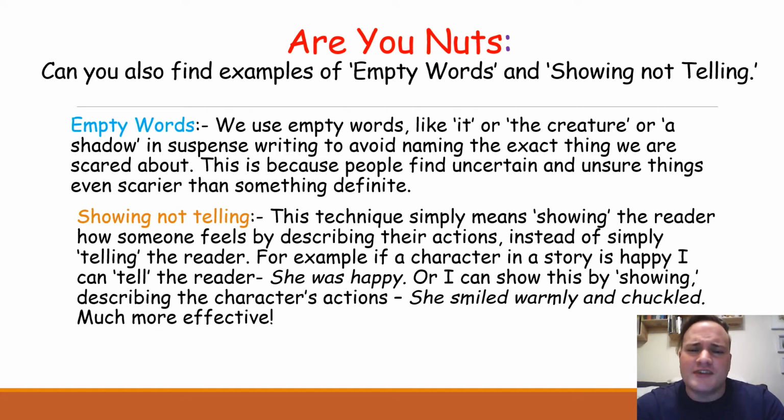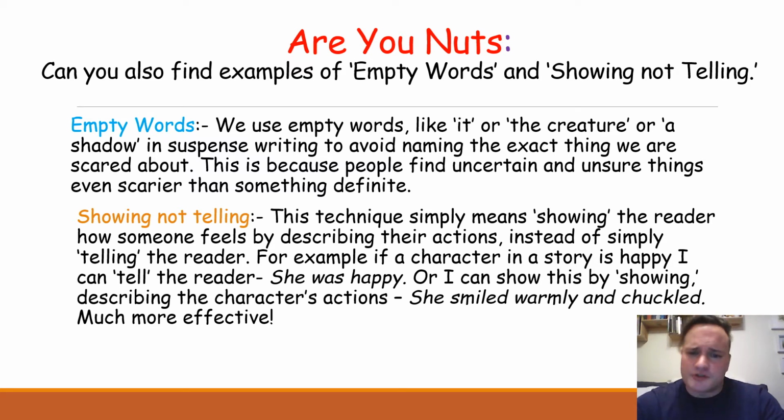Have I used these empty words to add uncertainty, unsureness to the reader? Because we know how humans work. We are more scared of something we're not sure of than we are of something that we can 100% see. A rustle in the bushes is scarier, strangely, than a werewolf jumping out at you. The rustle is the scary bit. Can you spot any empty words that I have used?